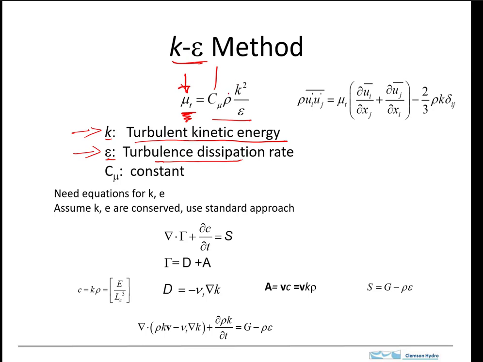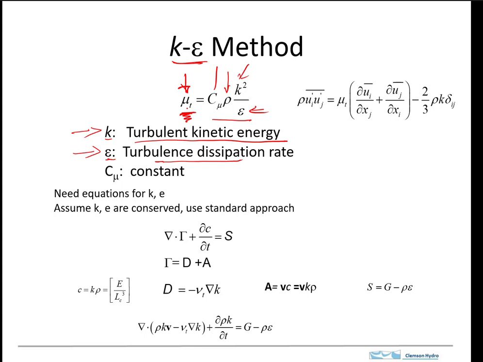Okay, so in the K-epsilon method, this viscosity term is equal to this. That's a constant, that's the fluid density, and there's K and epsilon. So if we can calculate K and epsilon, we can come up with the viscosity, and then we can deal with the momentum. Okay, that's getting us started.